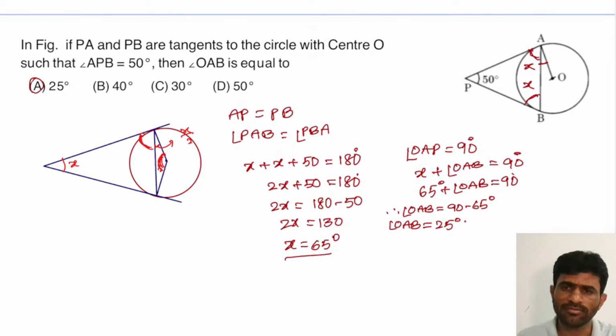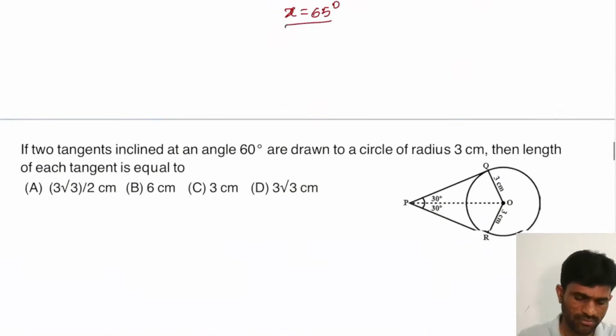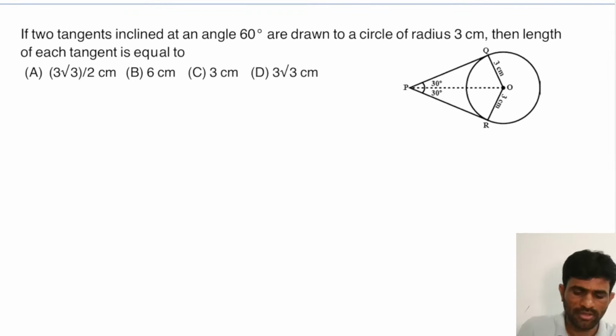So let's see the next one. This one. Try this. You have to find the length of each tangent. What is the length of the tangent here? Find out the length of the tangent. Here also again we use, not the Pythagoras theorem, we use trigonometry.